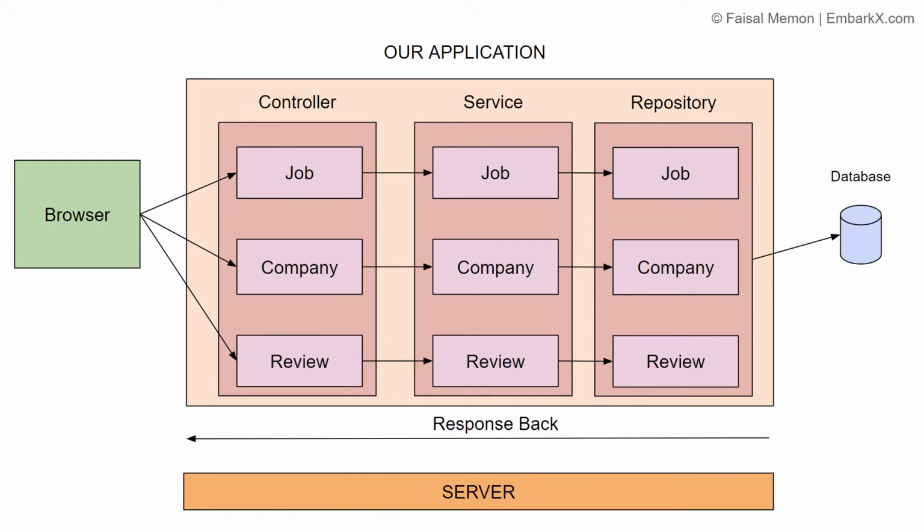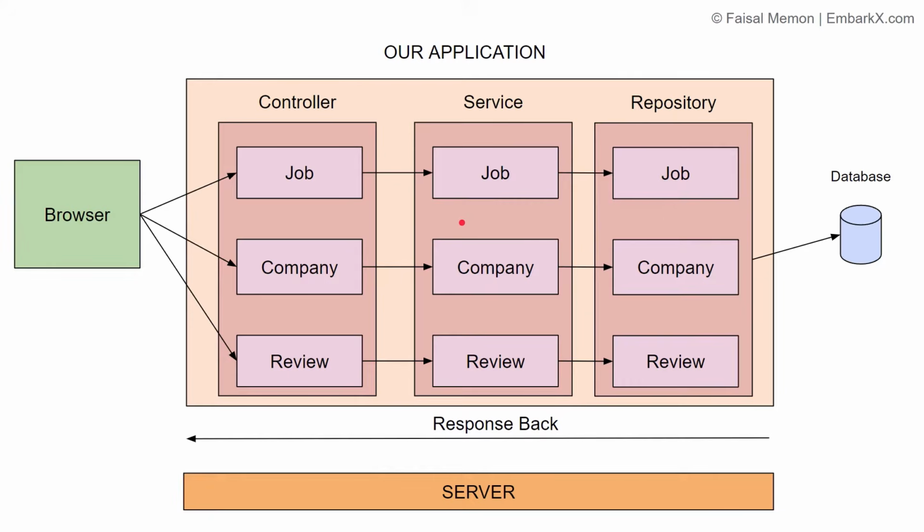Now, it's pretty clear and evident from the diagram as to how this application will work, but I'll still give you a walkthrough. So there will be a request that will be triggered from the user, right from the browser, or from an application like Postman. Okay, so we are going to create APIs. So this is going to be a browser or something like Postman. So we are going to get a request over here, and controller is going to take hold of that request. And that request is going to be routed to the service, and service is going to be the place where our business logic resides.